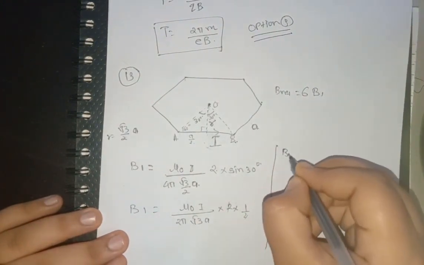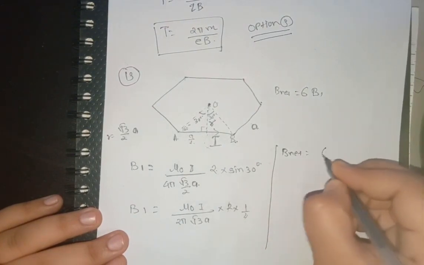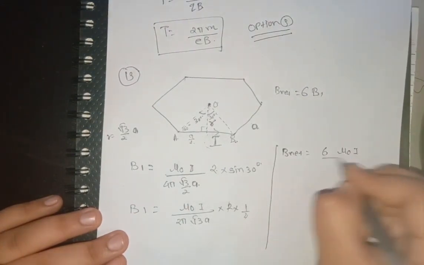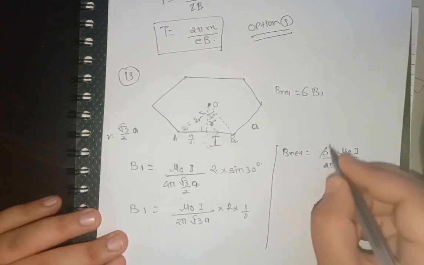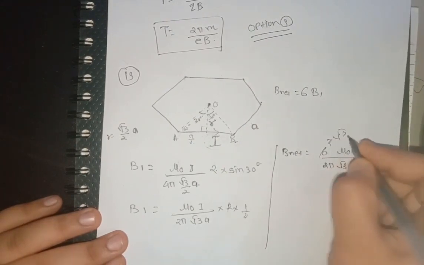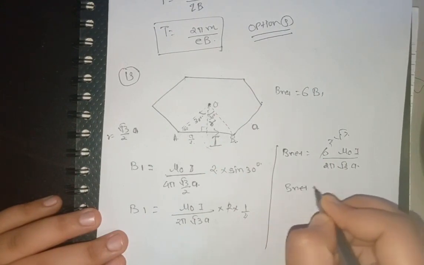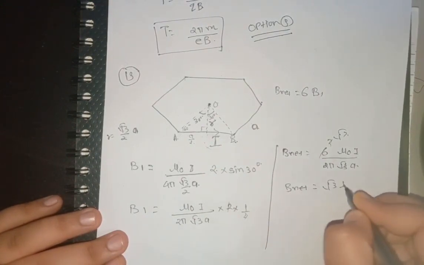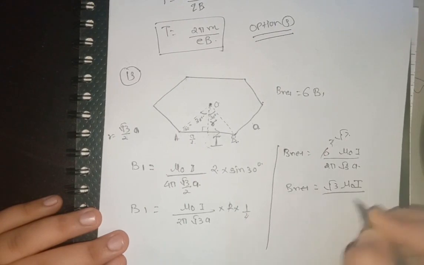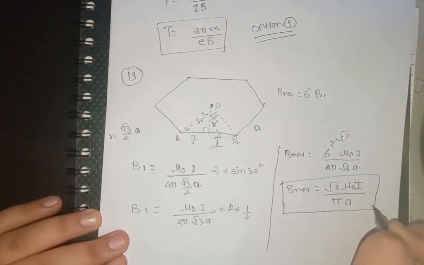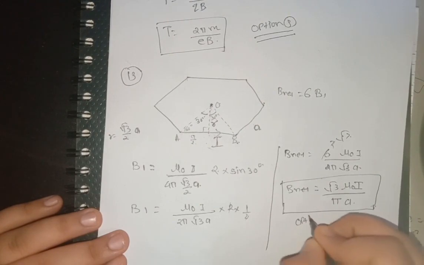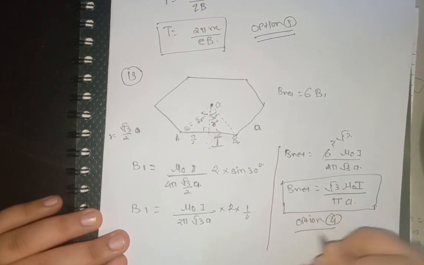So B net will be 6 times mu naught I divided by 2 pi root 3 a. So B net will be root 3 mu naught I divided by pi a. So option 4 is the correct option.